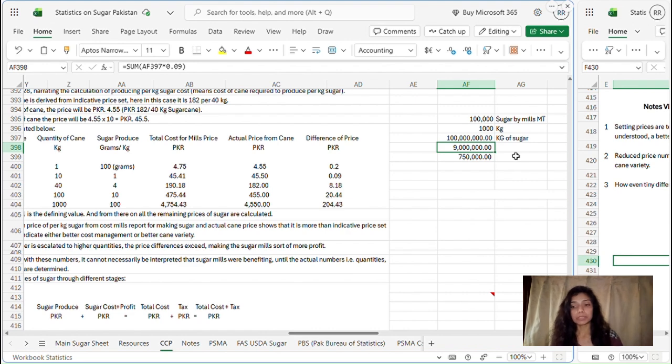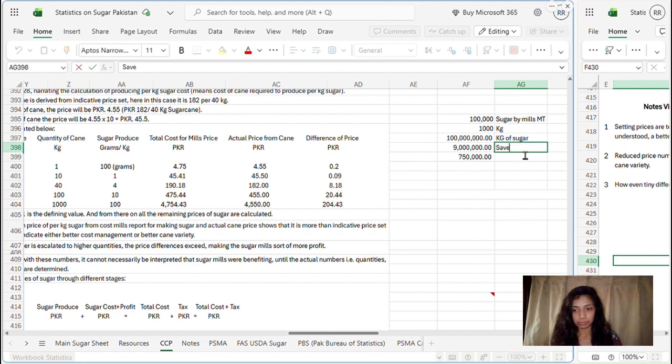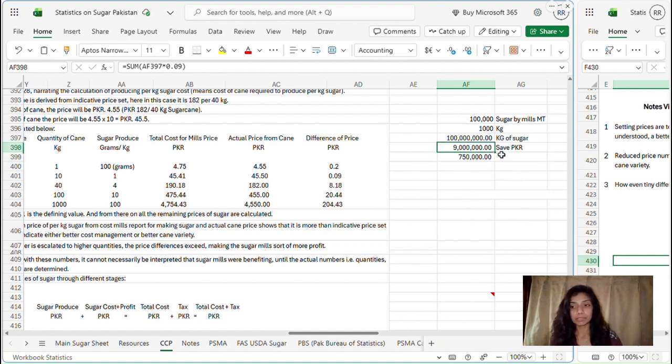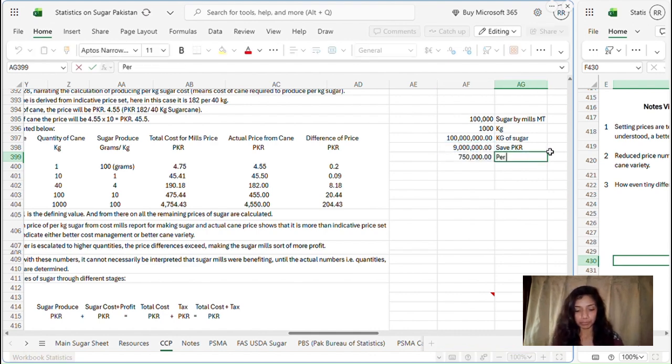That means they were able to save 9 million PKR in amount. That is yearly, and if we divide it by 12 for every month, you divide 9 million by 12 and you get 750,000. That is per month saving.